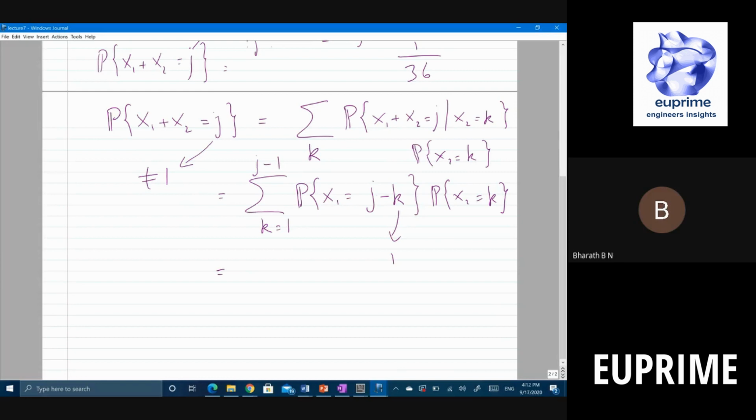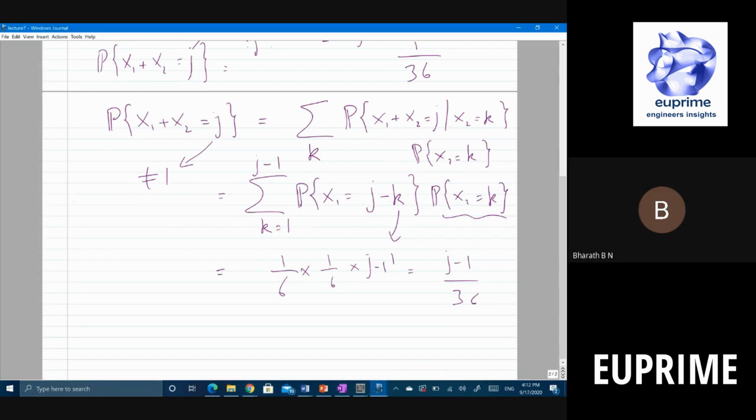We have assumed equal dice, so it is 1 by 6. This will also be 1 by 6. But you have to go from k equal to 1 to j minus 1, right? So how many terms are there?